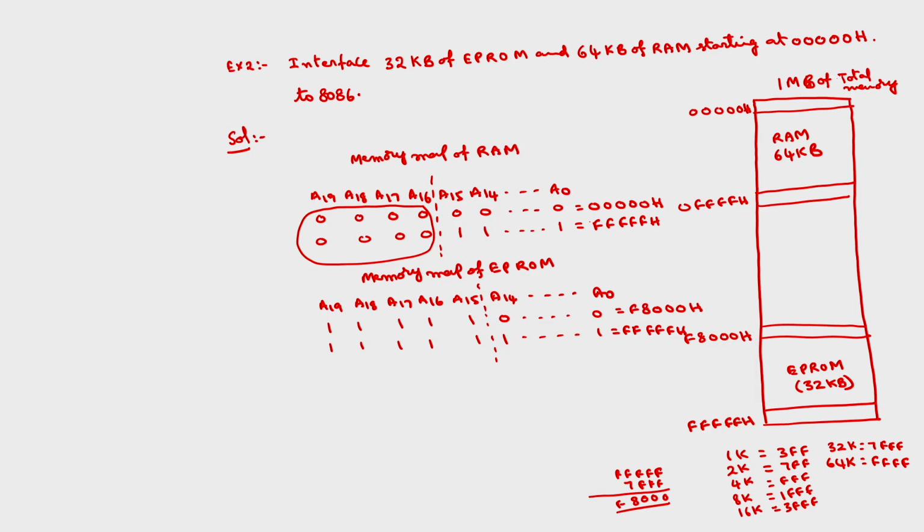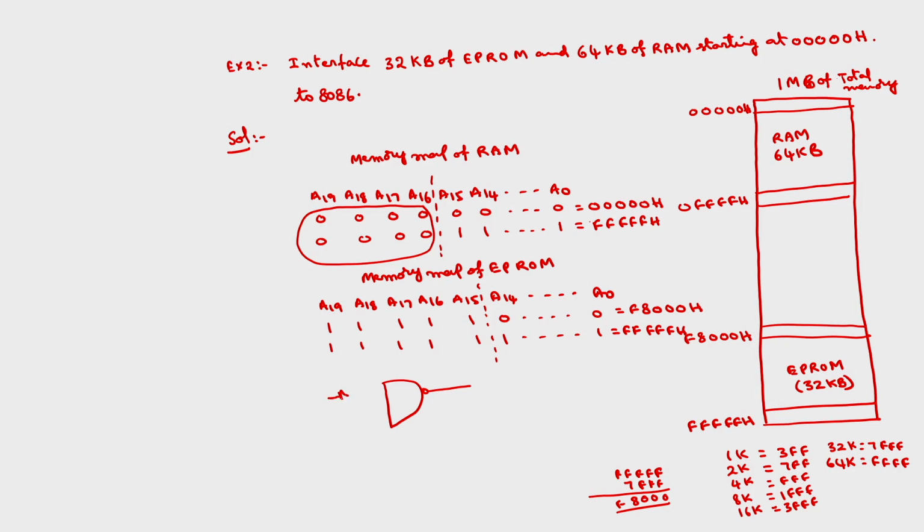So I will select a signal using a NAND gate whose output will be 0 if A16 to A19 are 0.